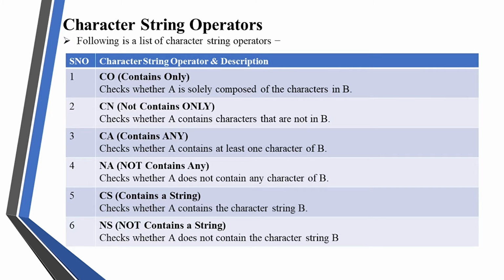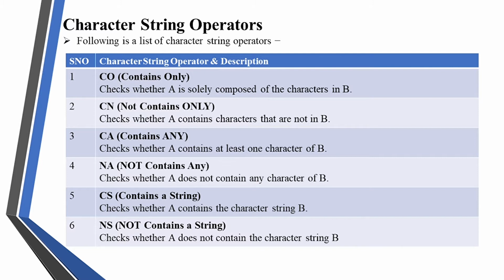Okay. So next is character string operators. So what are these character string operators? Here we are comparing the string. That means we want to know what string value it has, what it contains, what the length is, and whether it is equivalent to it or whether it contains it or not.